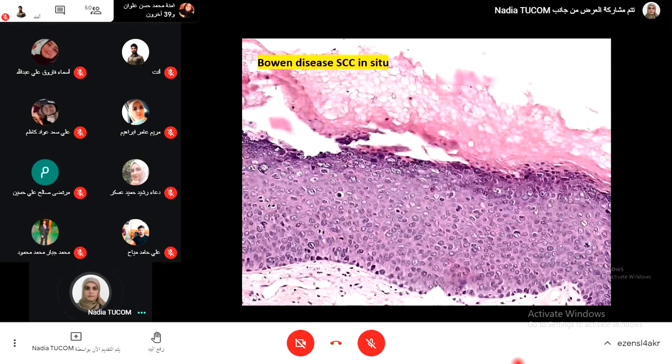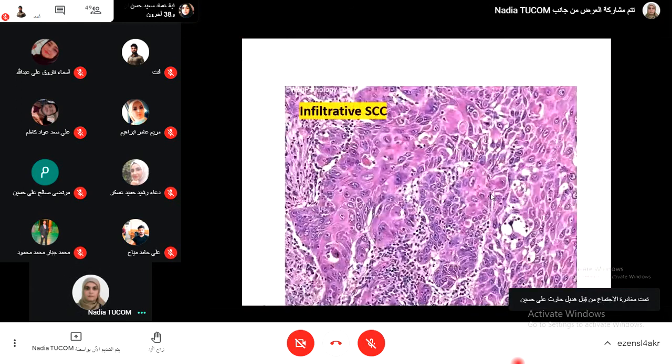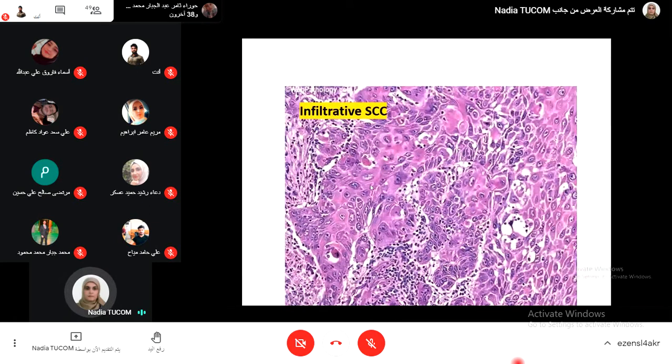Hyperkeratosis and parakeratosis are reactive changes. Infiltration, invasion of the subepithelial tissue by malignant sheets of cells is called infiltrating or invasive squamous cell carcinoma, with features of squamous differentiation, including keratin formation and intercellular bridges.